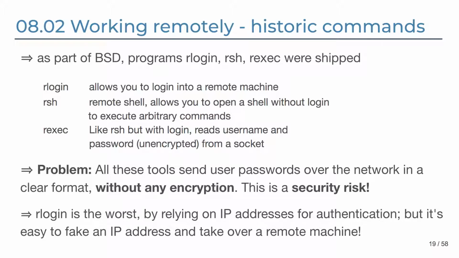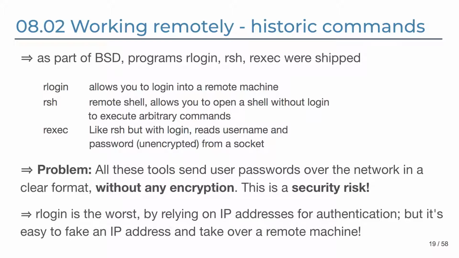There's also one command which is the absolute worst, and that's rlogin. To log in to a remote machine, it checks: are you logging in from an IP address that I know and trust? If this is the case, then you can work on the remote machine because you're granted access just because you have the right IP address.